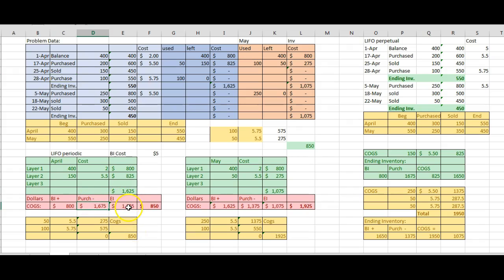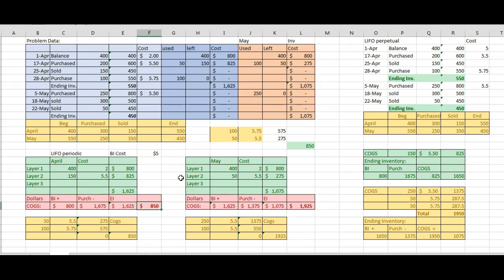And then we had an ending inventory of $1625 right here. So if you do beginning inventory plus purchases minus $1625, ooh, there's your cost of goods sold. And it agrees with this cost of goods sold. So we have April.